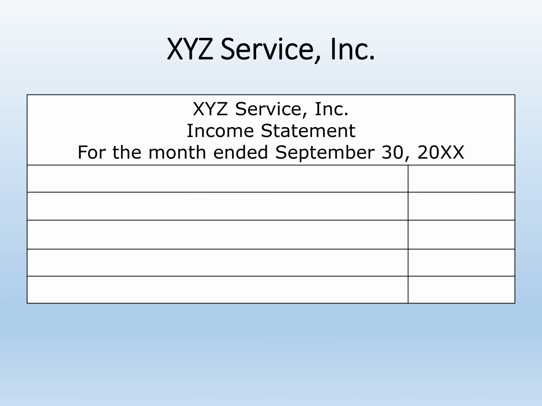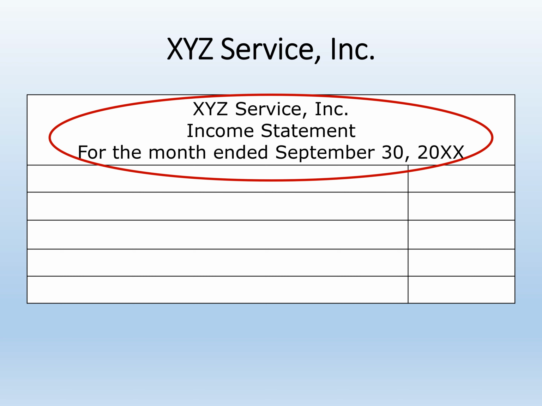Here's a form we can use to make an income statement for the XYZ company. I've already put down the heading for you, and you'll notice that it includes the name of the firm, XYZ, the fact that this is an income statement, and the period of time that it covers.